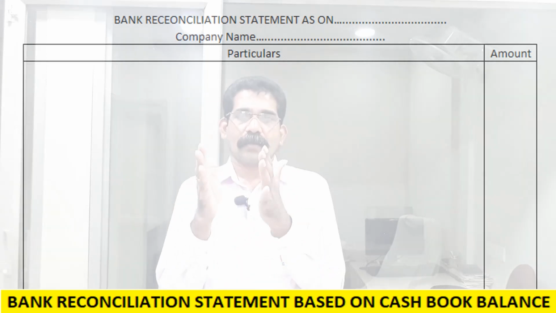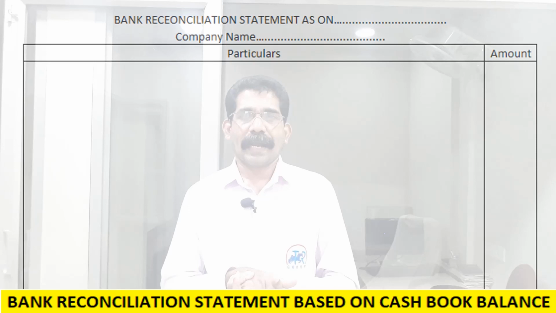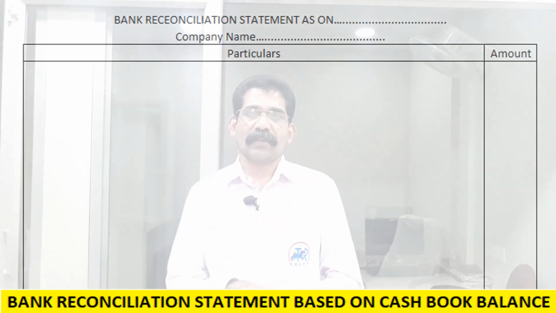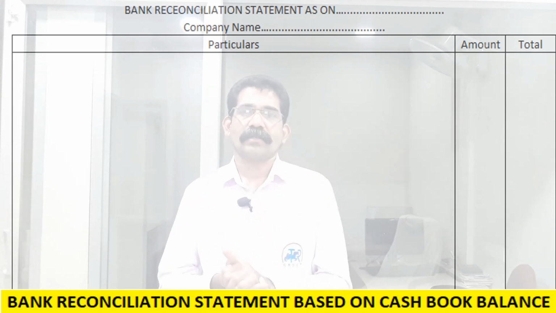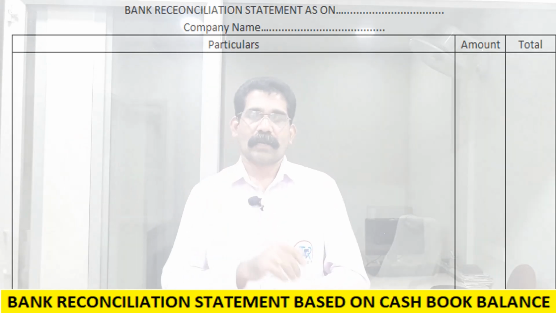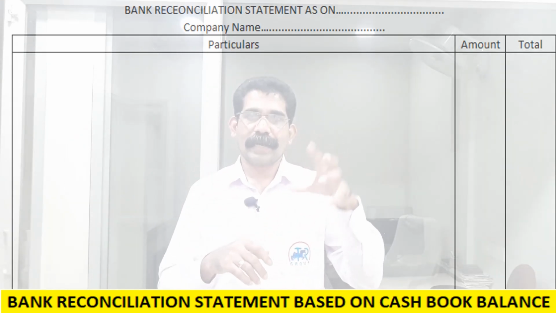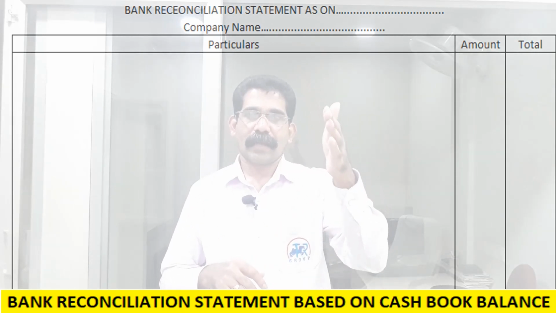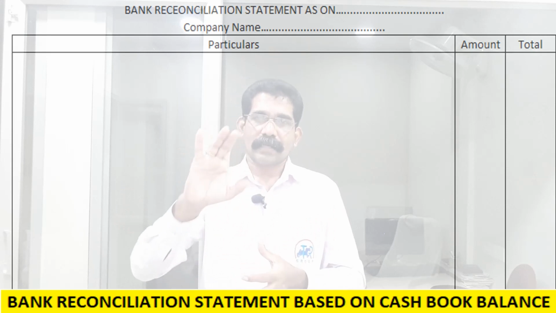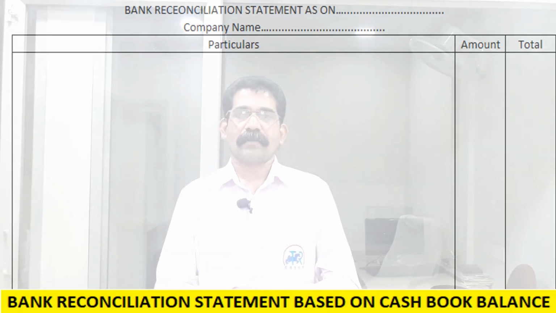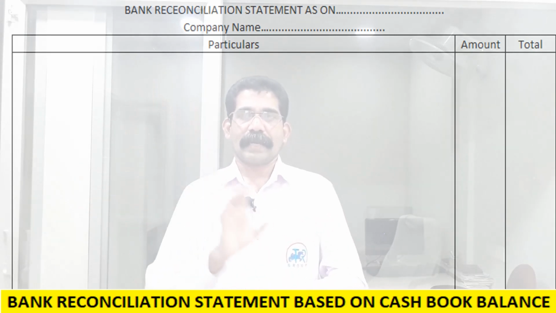Particulars and amount. If we have more than one adding figure and deducting figure, we can add one more column inside for the amount, and use the outer column for the total. If you have more than one addition, we can add everything first, show the amounts in the inner column, and take that total to the outside. That can be added to the reconciler figure.